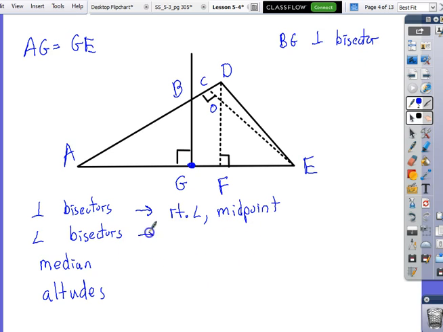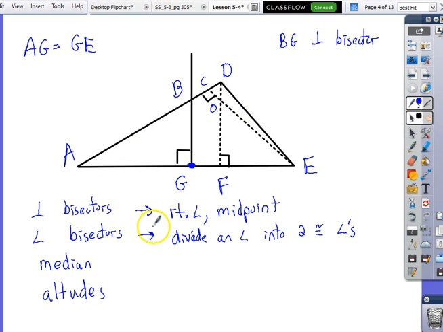We have angle bisectors. They divide an angle into two congruent angles. Do we see any line in here that's divided an angle into two congruent angles?